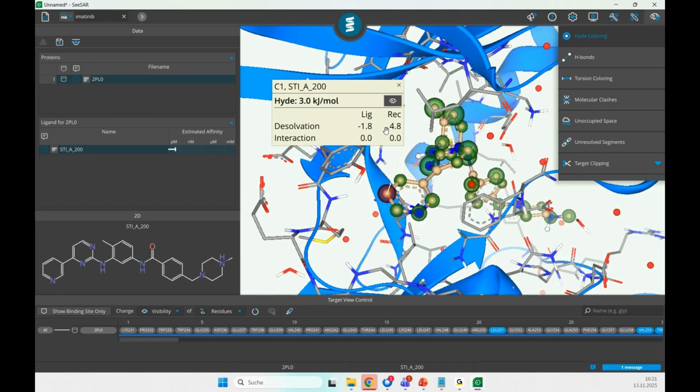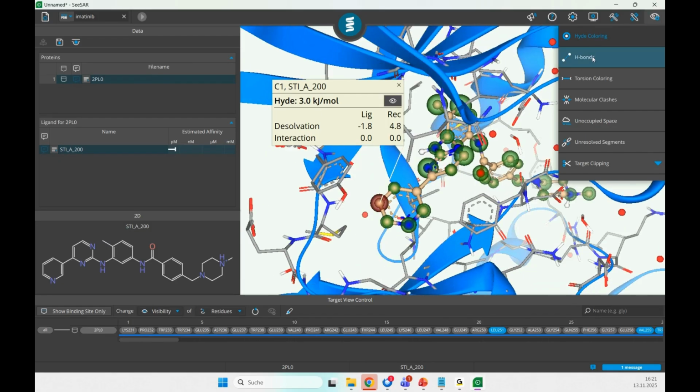We are stripping one water off of it, or the potential to interact with one water molecule. We have to pay this penalty, obviously, and this is reflected in a penalty of 4.8 kilojoule. Summing those two factors together, we can see that for this particular carbon, it's not a good carbon. It should be something else, obviously. We have to pay 3.0 kilojoule for the interactions as a penalty.